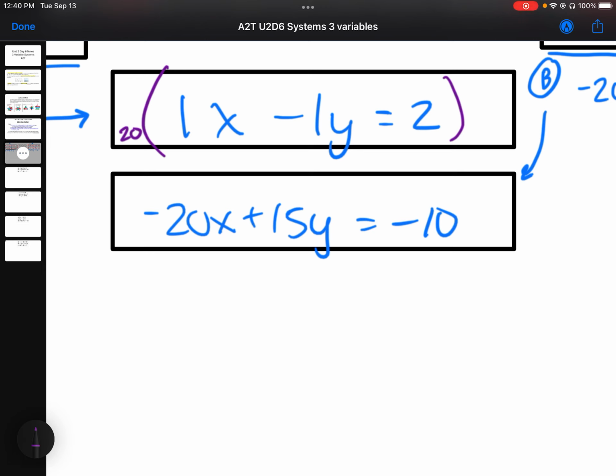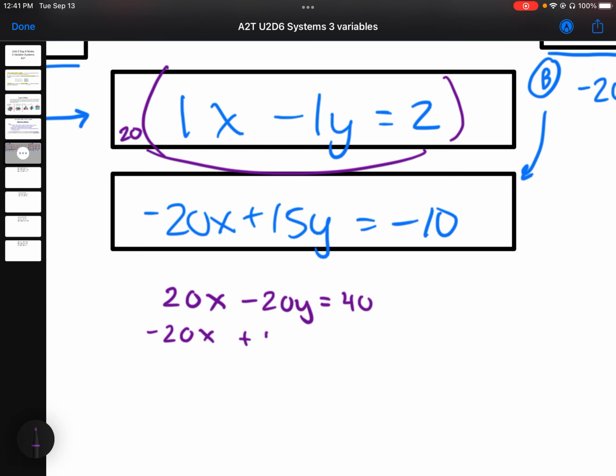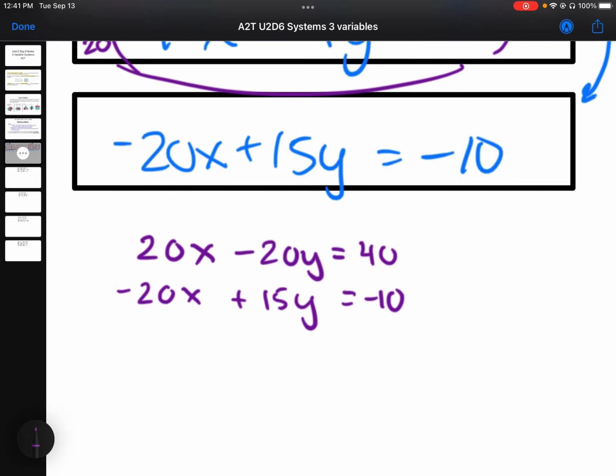20 times 1x is 20x. 20 times negative 1y is negative 20y equals, don't forget this too, 40. I'm just going to rewrite down my equation B. And now I'm going to add these. Negative 20 plus 20 is 0. Those cancel.